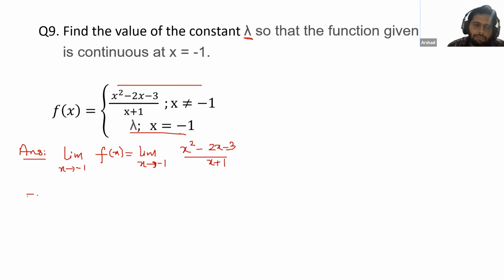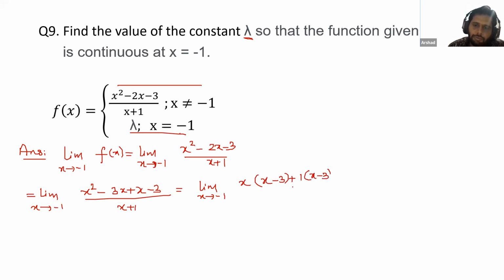Okay, so this is equal to limit x tends to -1. Factorize the numerator: x² - 3x + x - 3 by x + 1. So this is equal to limit x tends to -1, take x common: x(x - 3) + 1(x - 3) by x + 1.